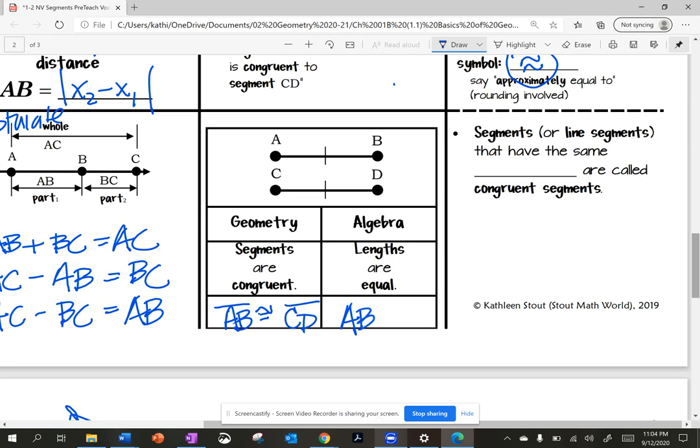So I would say AB equals CD. So the left one is geometry, the right one is algebra. So segments or line segments that have the same length are called congruent segments. So this is distance. Okay, that's the end of the lesson.